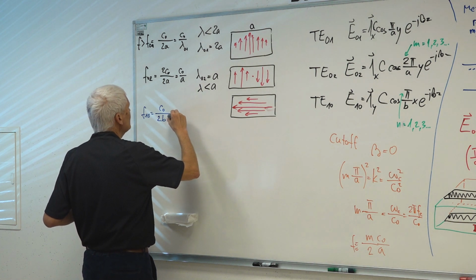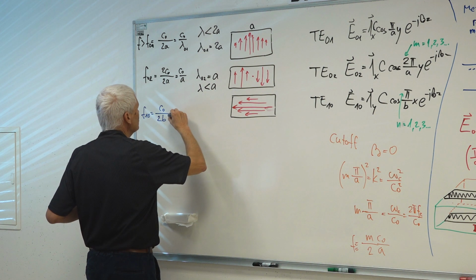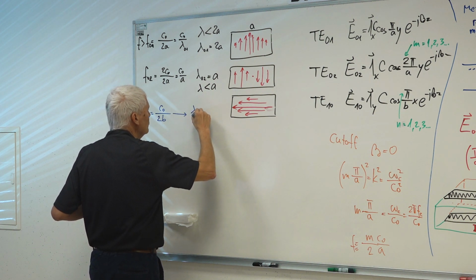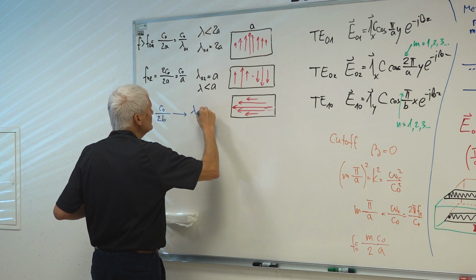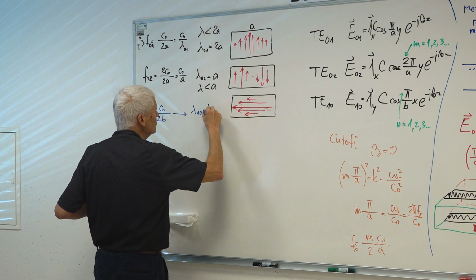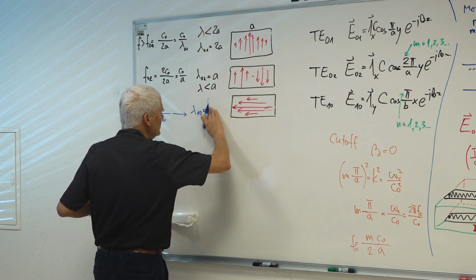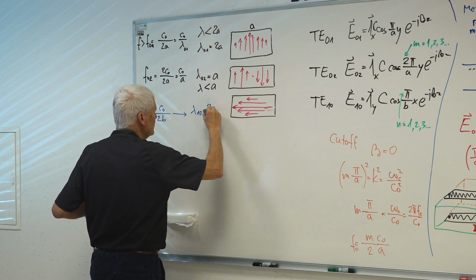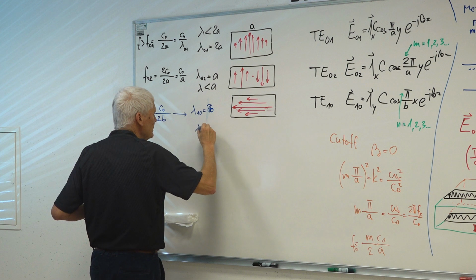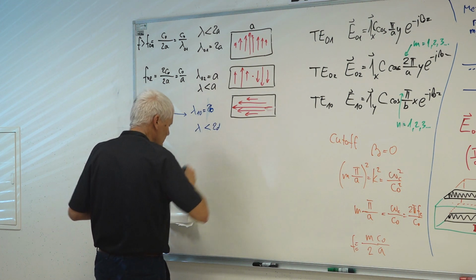From this I get that lambda 10, the cutoff wavelength, is now equal to 2b, or lambda should be smaller than 2b.